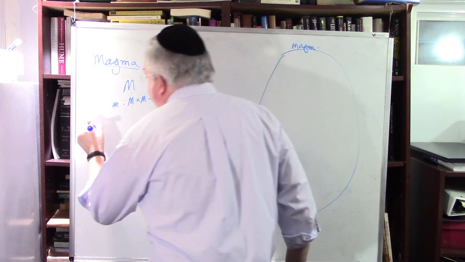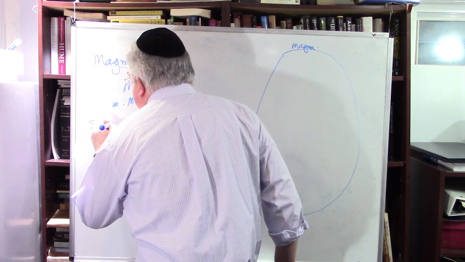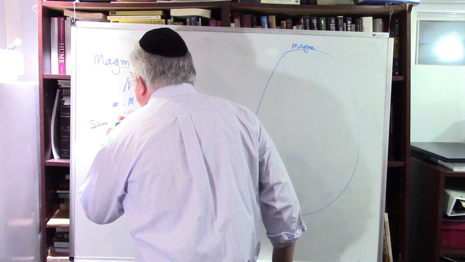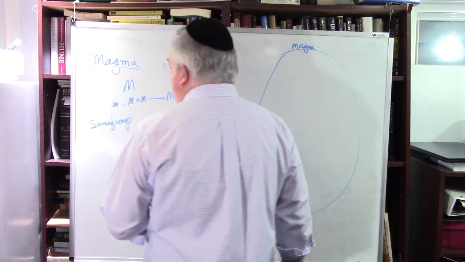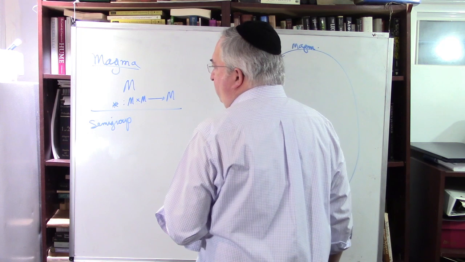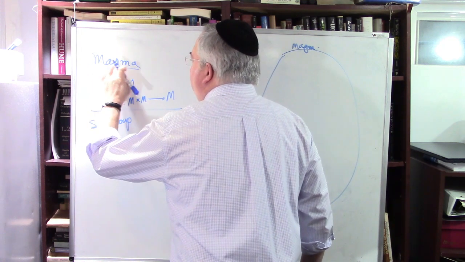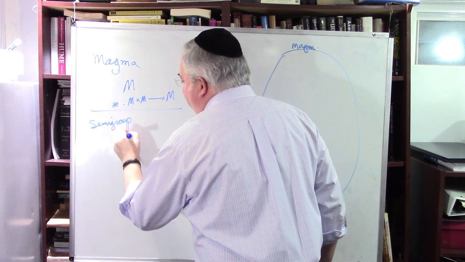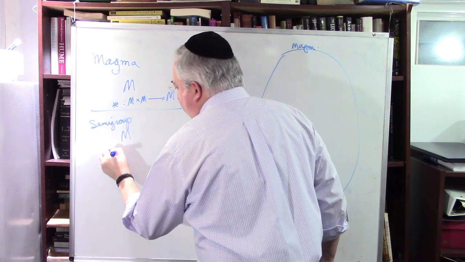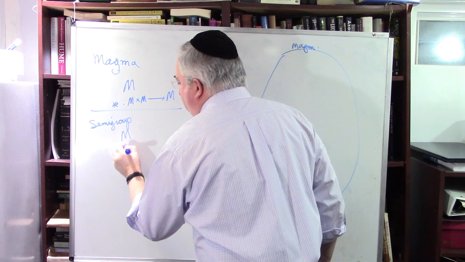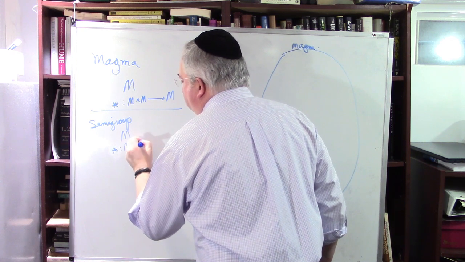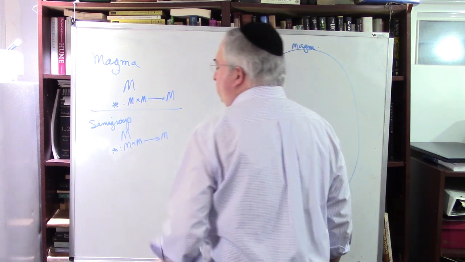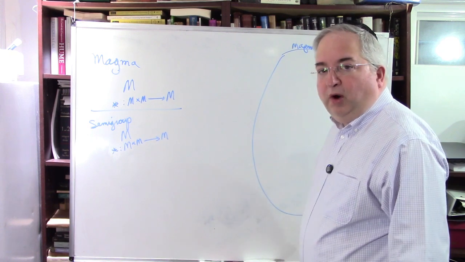Let's look at another structure called a semigroup. What's a semigroup? A semigroup is a magma, but it satisfies one requirement.